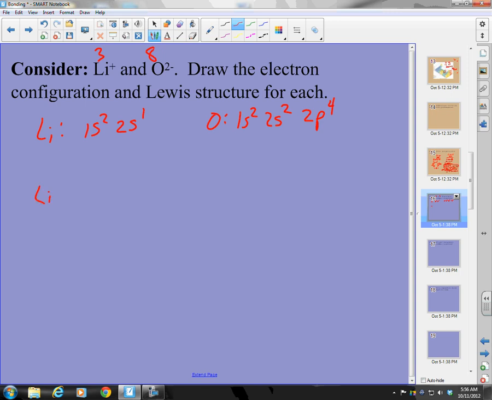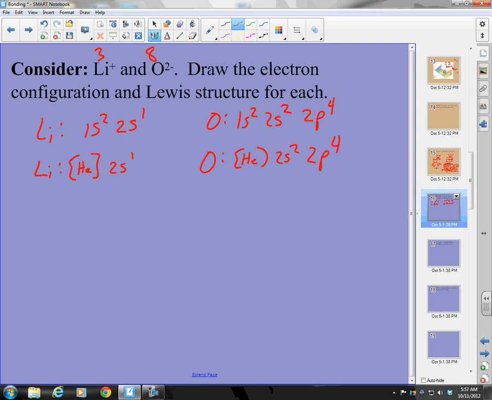Well, the plus means I have lost an electron. Let's do this a different way. Let's not draw it this way. Let's look at my noble gas configuration for lithium. This is helium 2s1. I like this better. And oxygen is helium 2s2, 2p4. There we go.